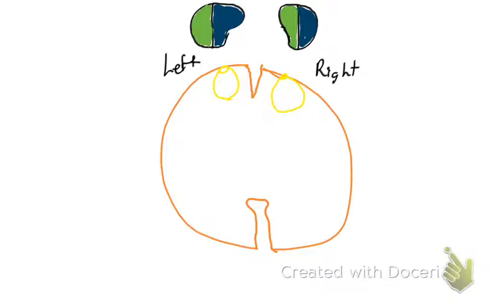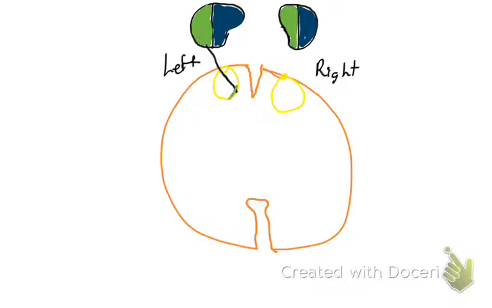The ray enters here, the green, and then goes to the opposite side, like this. And then from there, this green light is going to hit here. Got it?